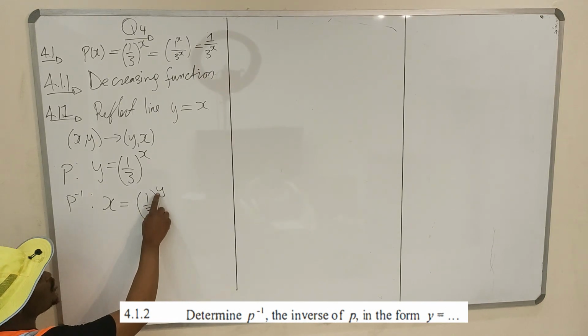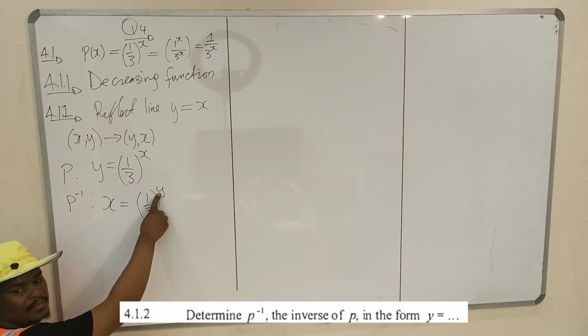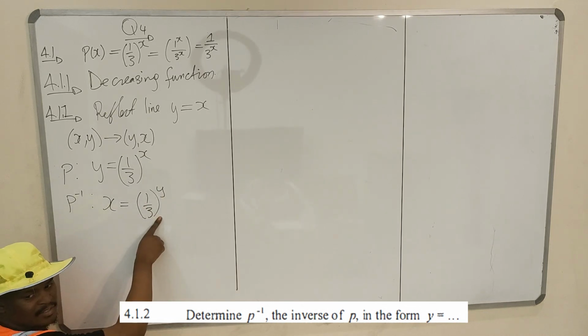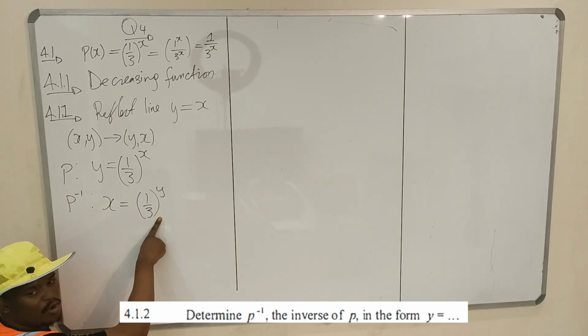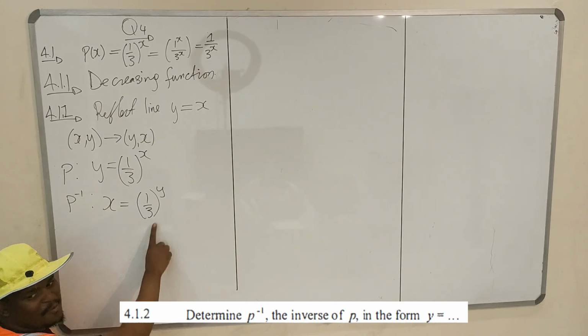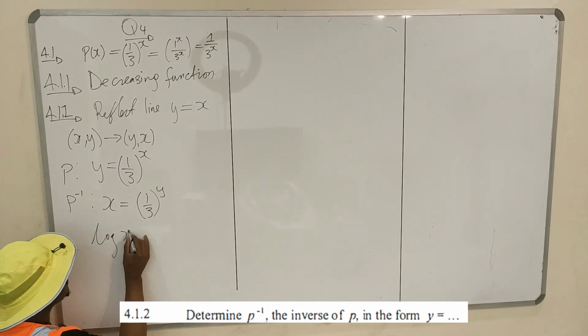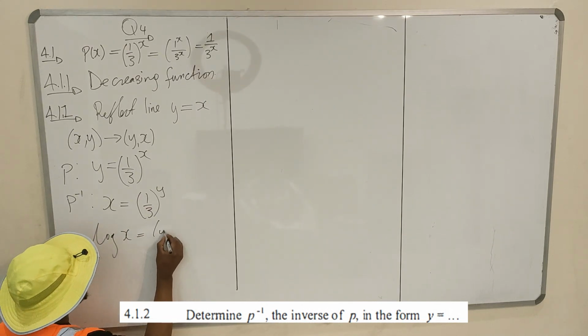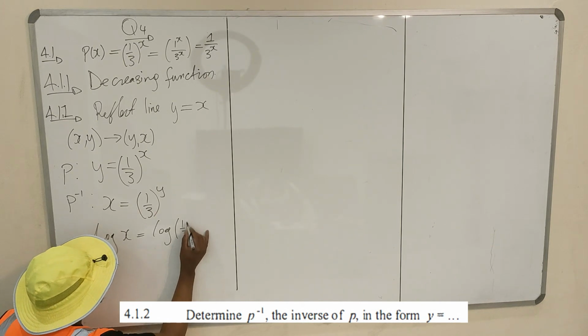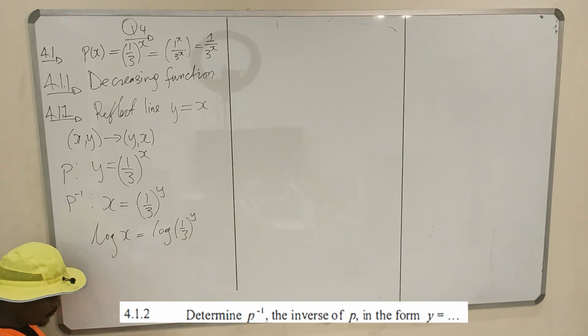So when you want to remove y up there, you apply the log, right? Yes. Apply logs both sides. You can use the normal log or the natural one, but let's use the normal one. So you'll have log x is equal to log 1 over 3 raised y.